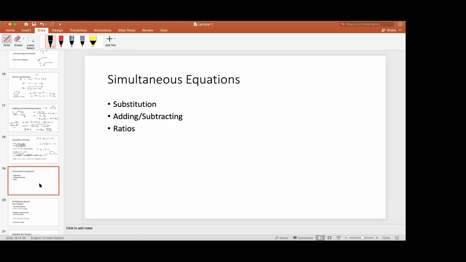Now, this is something that some of you who have a lot of math might not actually have ever done before. And if you haven't done it before, this might be a cool trick that you really like. So the idea of simultaneous equations is when we have 2 or more equations with at least 2 variables.